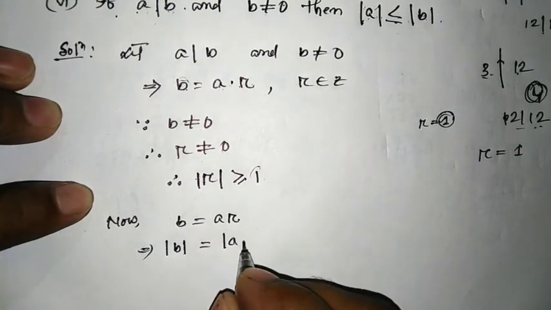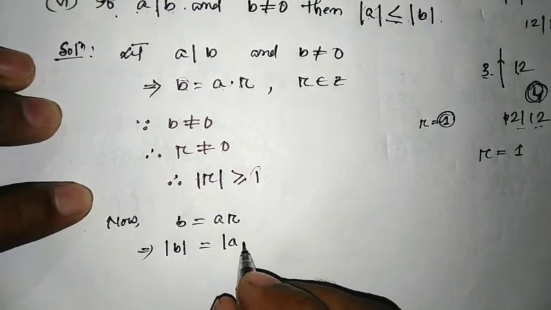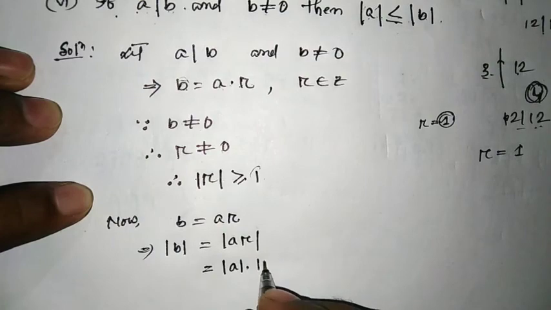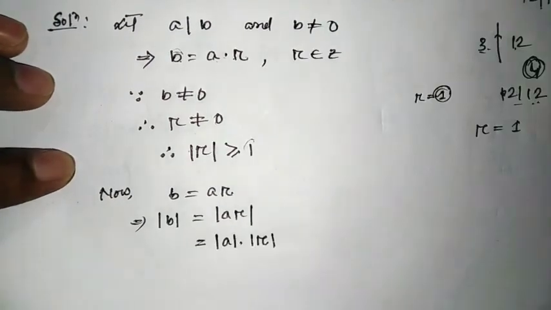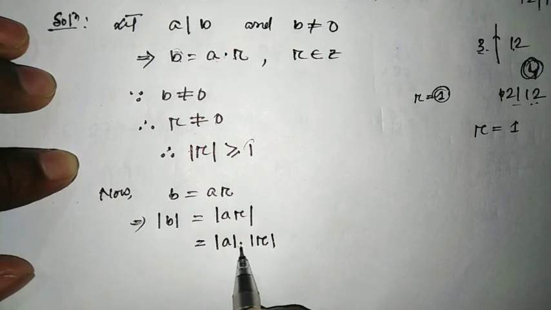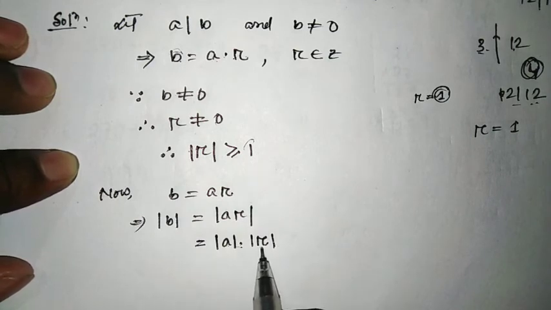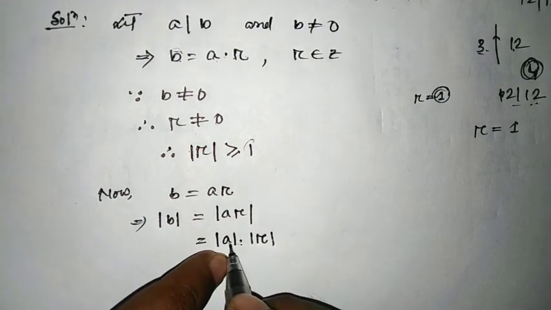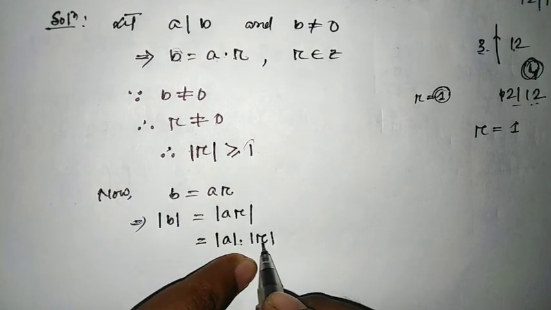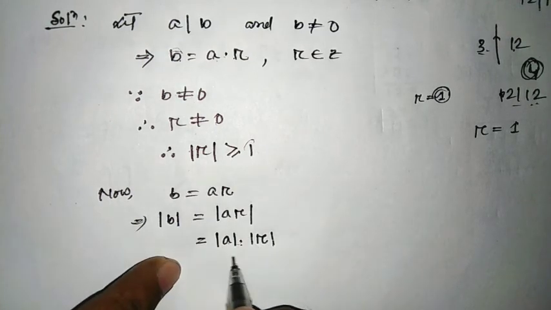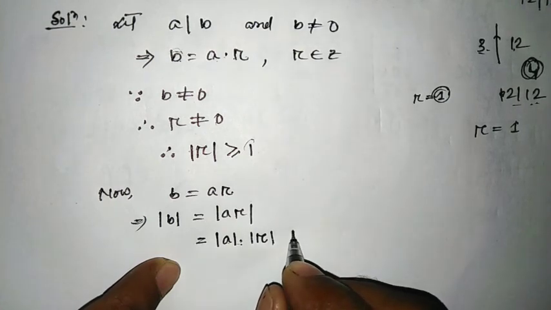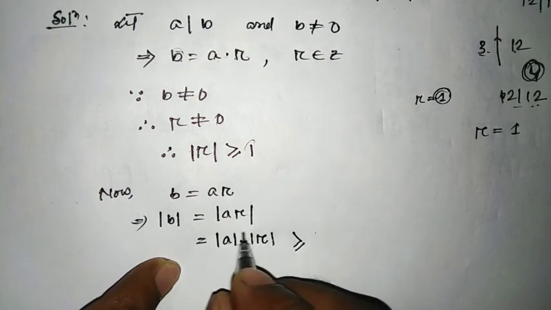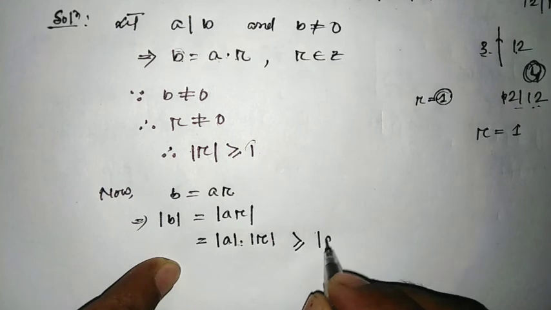Now see, we have B is equal to A into R. If we take modulus on both sides, modulus of B equals modulus of A R, and this can be written as modulus of A into modulus of R. Modulus of A is some value, modulus of R is some value, and it may be 1 or greater than 1.